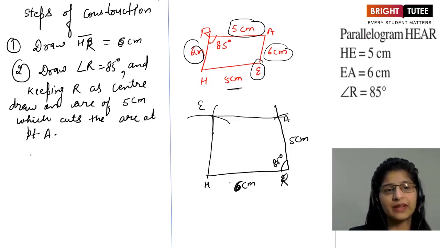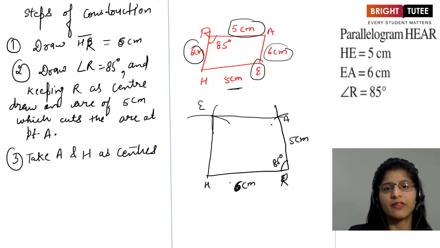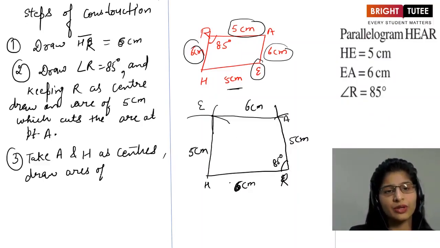So what is the next step that we have to do? We have to take A and H as centers, okay, from A 6 centimeter and from H 5 centimeter. So as centers, draw arcs, from point A the arc is of 6 centimeter, and from point H the arc is of 5 centimeter, students.